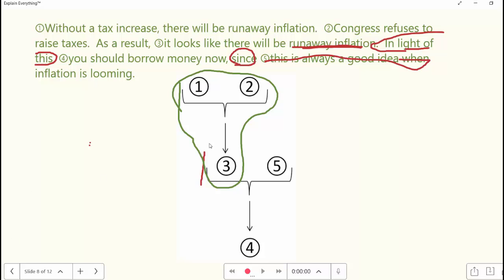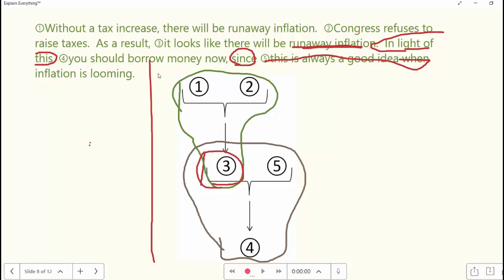And then the inference made by this sub-argument here then forms another sub-argument that gets us to the last inference, our main conclusion. And then those sub-arguments work together, forming our whole argument.